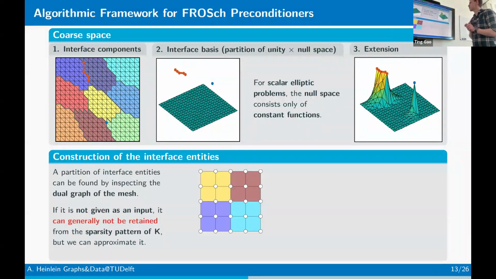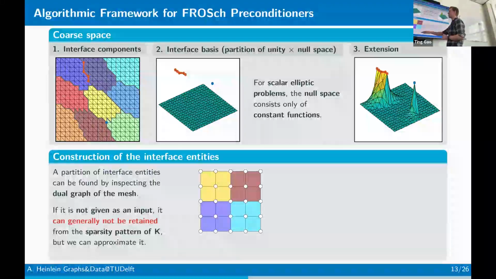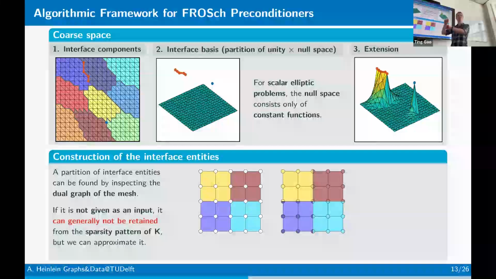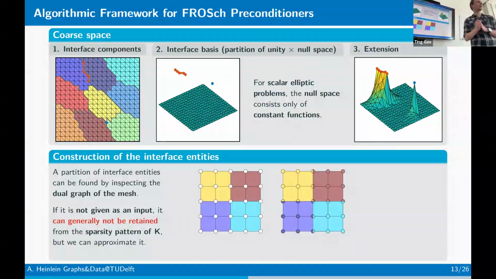If we can do those three steps, we can do this algebraically. Generally we use the dual graph of the mesh for that. The problem is if you get a matrix which is not distributed based on the dual graph, you cannot really get it exactly back. But you can find approximations of that, or you can do some heuristic steps to get it. So basically, you have the nodes here which are shared by elements, and you know that they belong to different partitions of your graph.